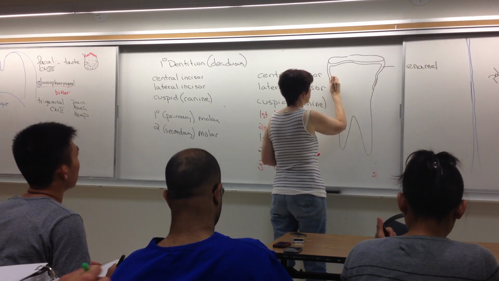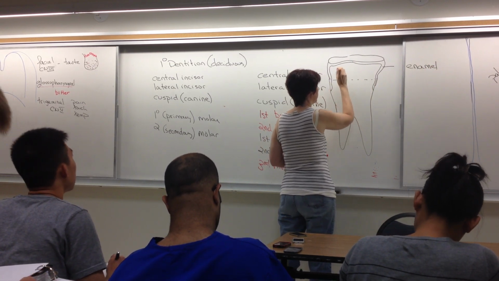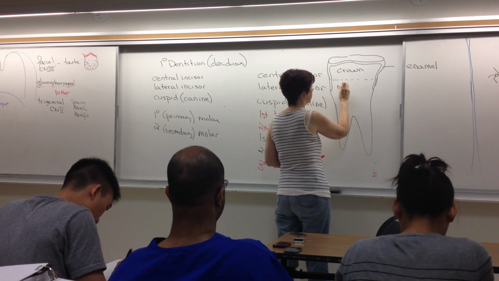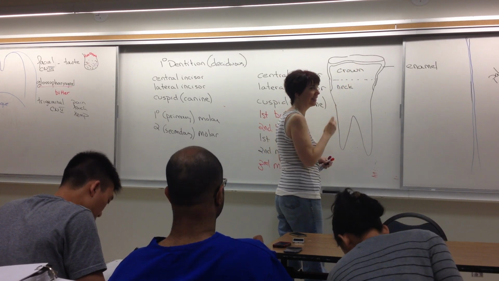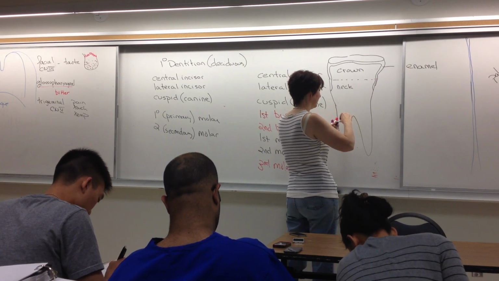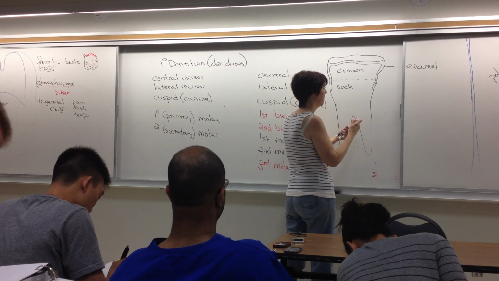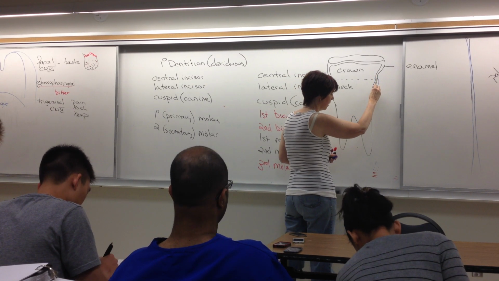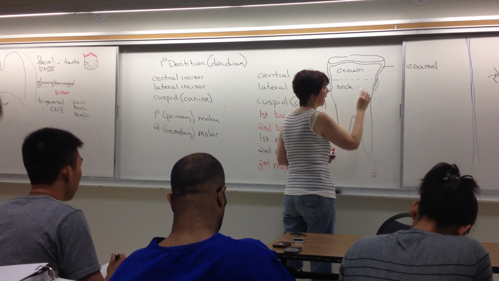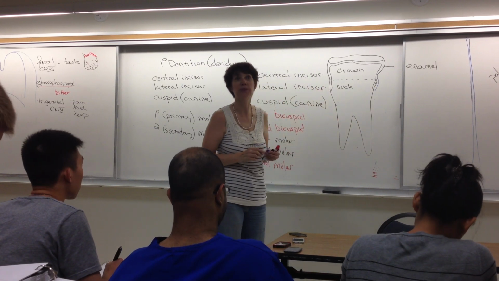That surface of the tooth that is covered with enamel is known as the crown and the neck. And the neck is defined as that surface covered with enamel that is covered with the gum line, okay, with the gum tissue.